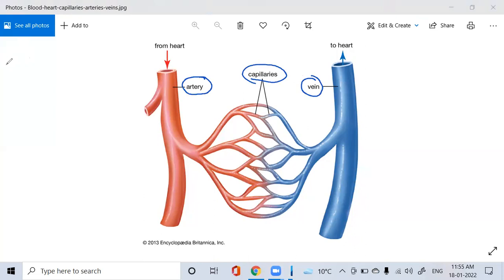So dear children, we have blood vessels. First of all, what are blood vessels? This is actually the network of tubes through which blood flows.